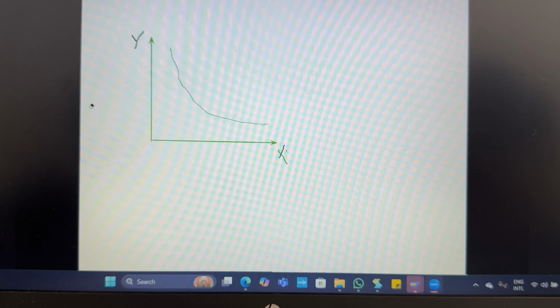Now, somebody else, maybe with a different color, add the budget line to this one, and the line should touch the indifference curve as well. Budget line.